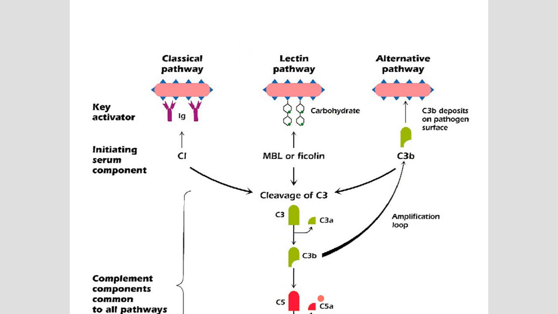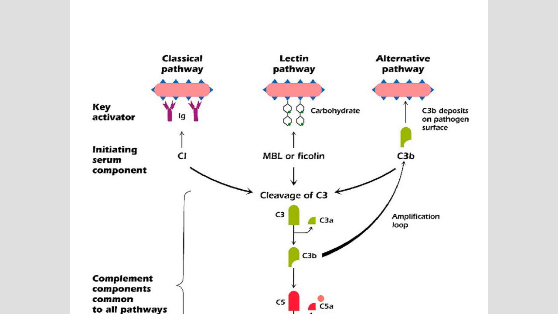Because as I said, most of the bacteria are difficult to get hold of, kind of slippery. Phagocytes also struggle with that, because the bacteria tend to slip out of their control.